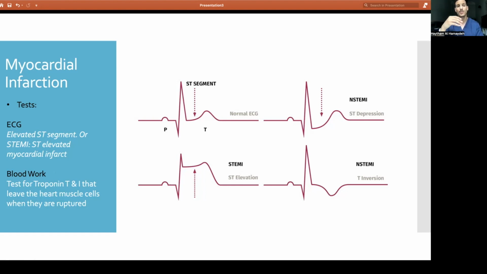Testing for troponin T and I tells us that there is a myocardial infarction. So three things should be done, as I said: questioning the patient, ECG, and blood work. If all three hold positive, then we know that there is a myocardial infarction.